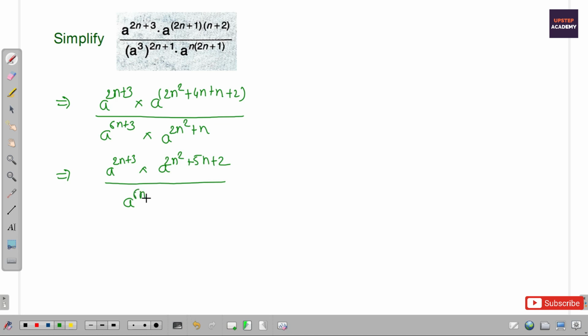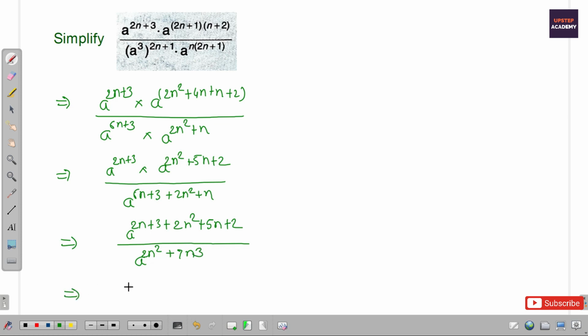So 6n plus 3 plus twice n square plus n. Here we will do the same thing in the numerator as well. So a to the power twice n plus 3 plus twice n square plus 5n plus 2, this whole divided by a to the power, we will write in the decreasing power of n, twice n square plus 6n plus n is 7n, and this 3 as it is.